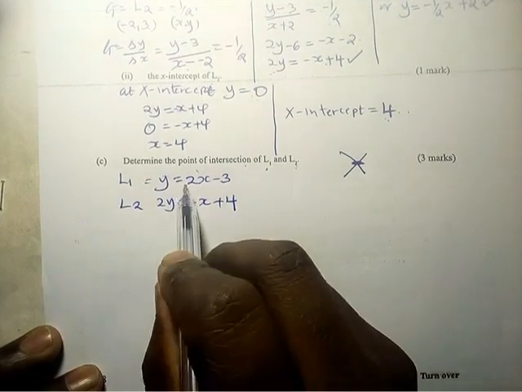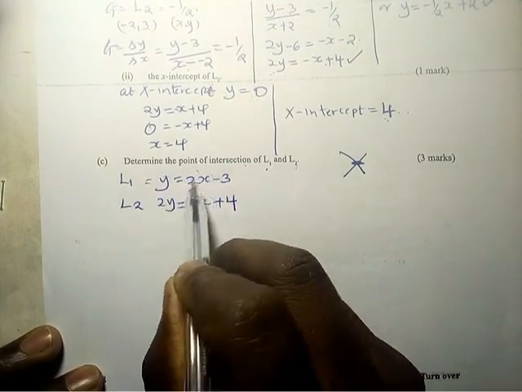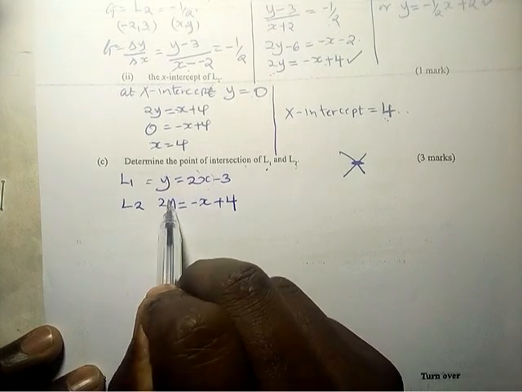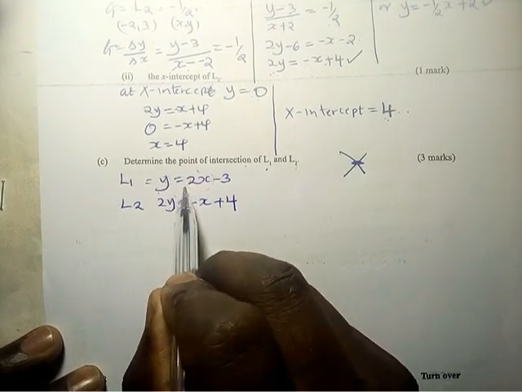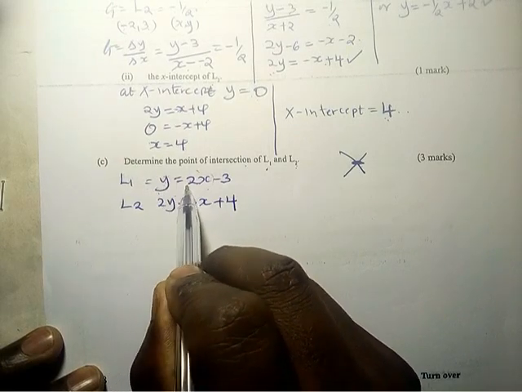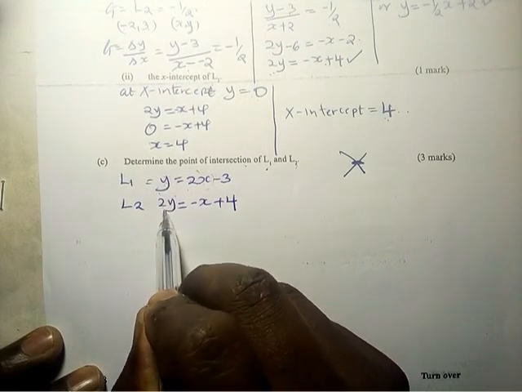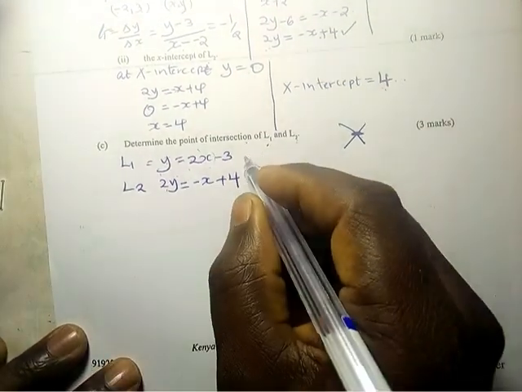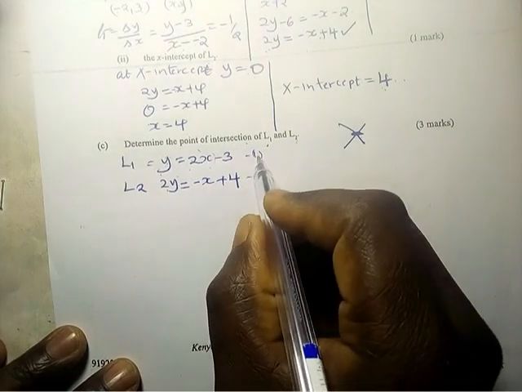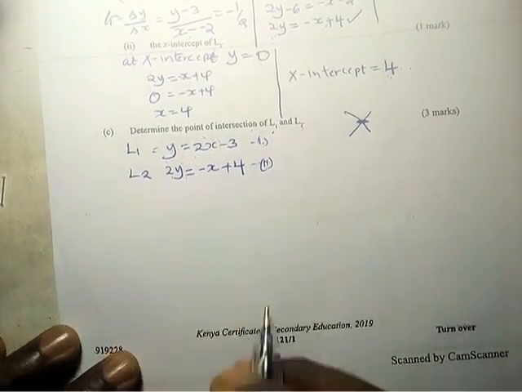So you can rearrange these values and solve simultaneously, or solve using substitution. So let me use substitution, because I have already seen y is equal to this. I will substitute this one here and get the answer. So this is our first equation, second equation. So I will use the first equation to substitute into the second one.